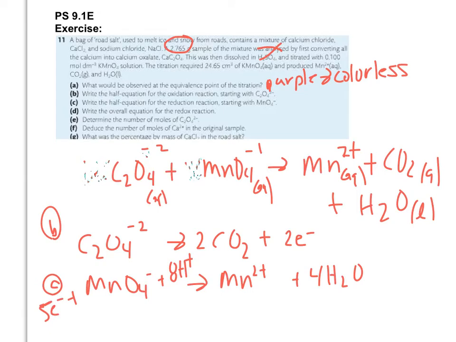So write the overall equation for the redox. I'm going to have to take my first half equation and multiply by 5. I'm going to have to take my second half equation and multiply by 2. And when I combine those then, I'm going to go ahead and take a fresh sheet here.